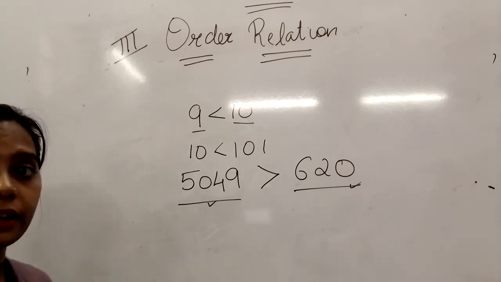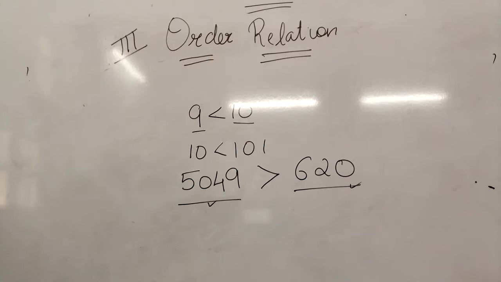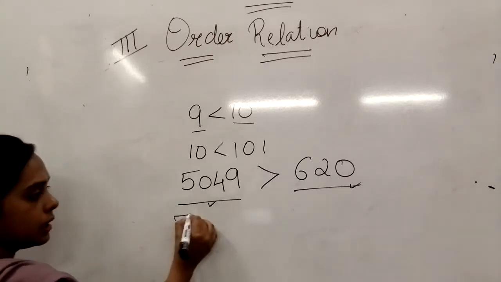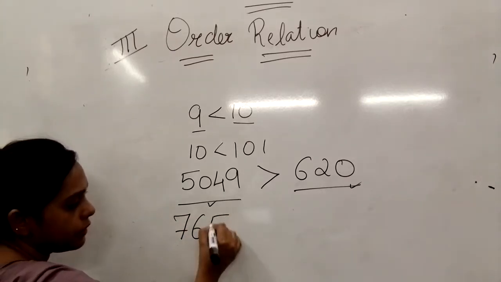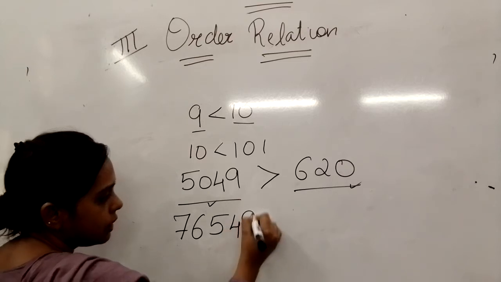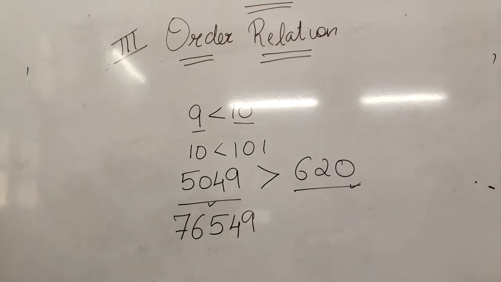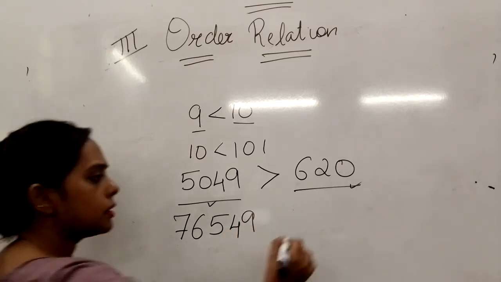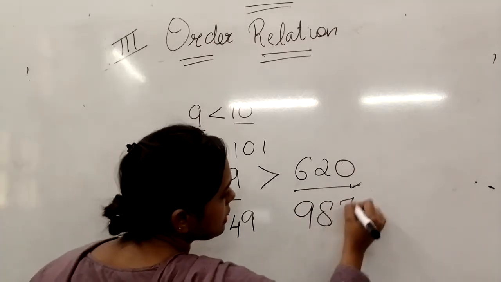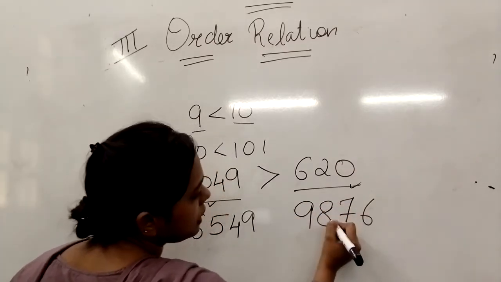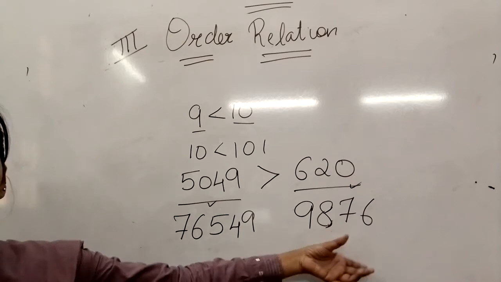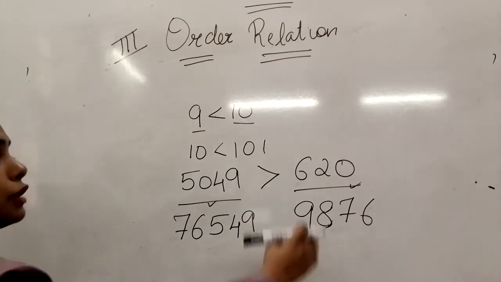Similarly, if I go to the other number, for example the 5-digit number. Let's say the 5-digit number is 76549. Okay. And the 4-digit number is 9876. Now you can see it has big numbers. Yes or no?